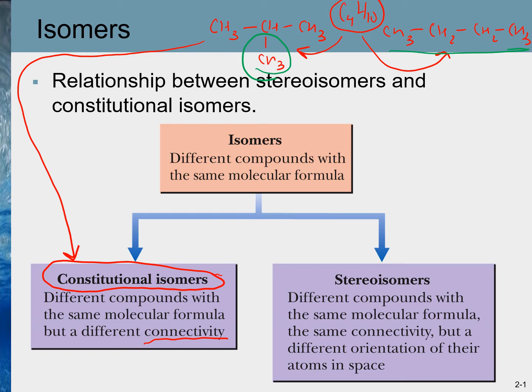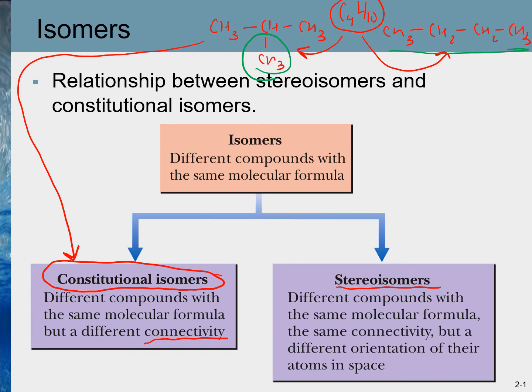Now in this section, we are going to introduce the concept of stereoisomerism. Stereoisomers are compounds that have the same molecular formula as in the case of the other one. At the same time, the connectivity of the atoms is also same.